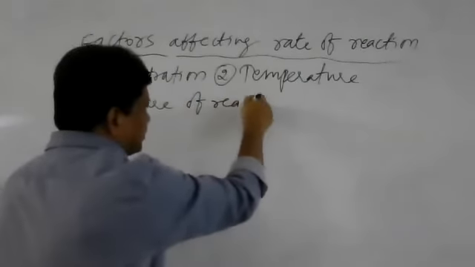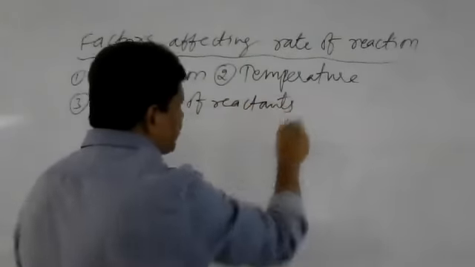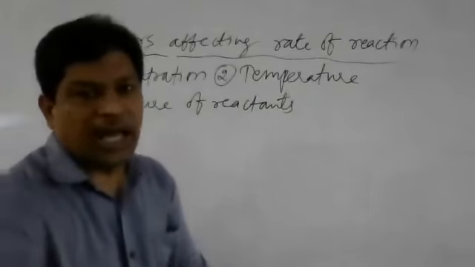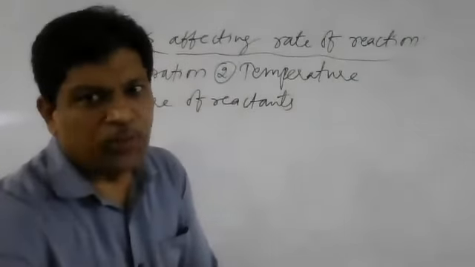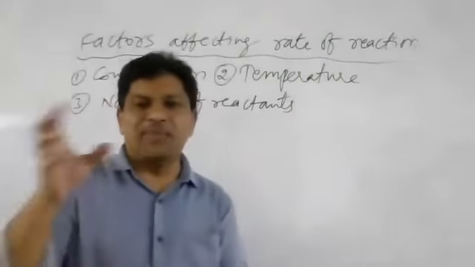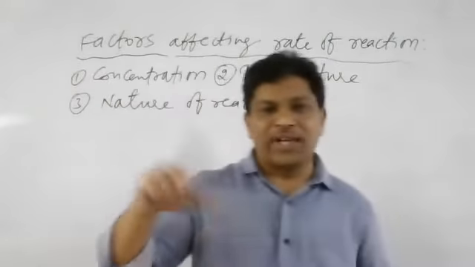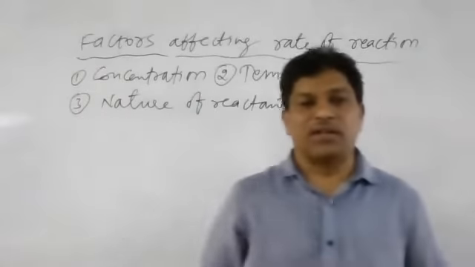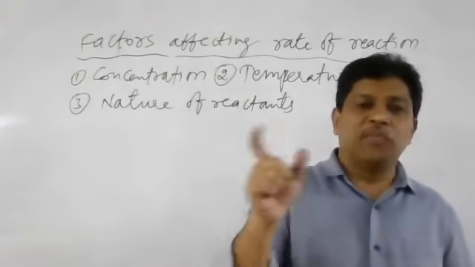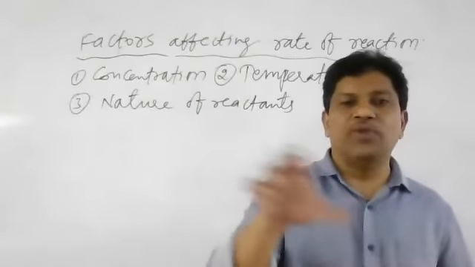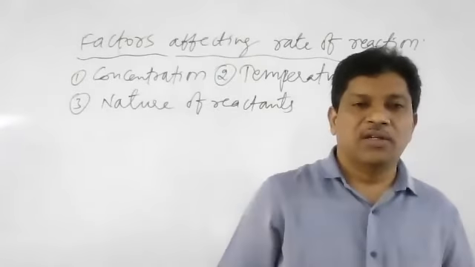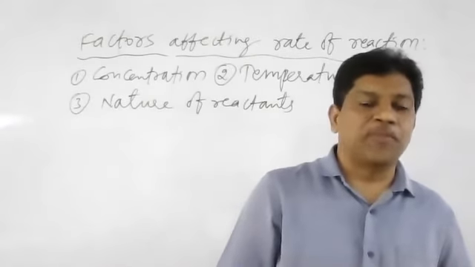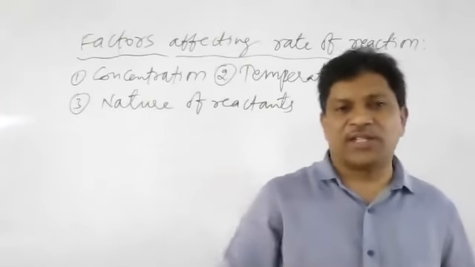Suppose you take acid and base. At room temperature, if you mix acid and base, the nature of reactants will decide the speed of reaction. Acid is one reactant, base is one reactant. These two will combine very fast and the rate of reaction is very high. That is a very fast reaction.